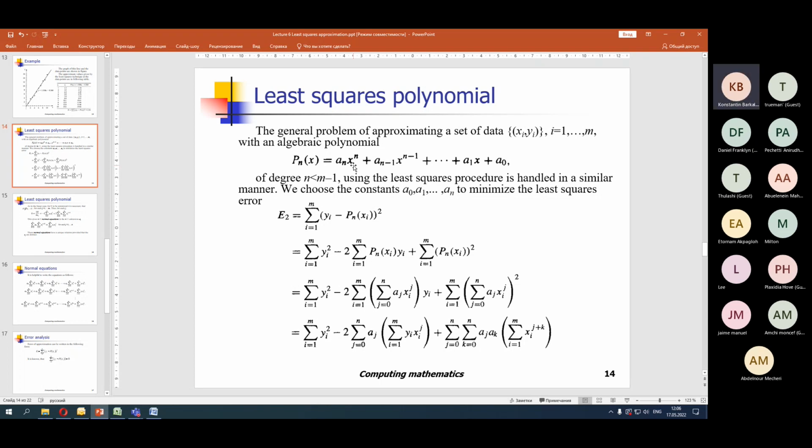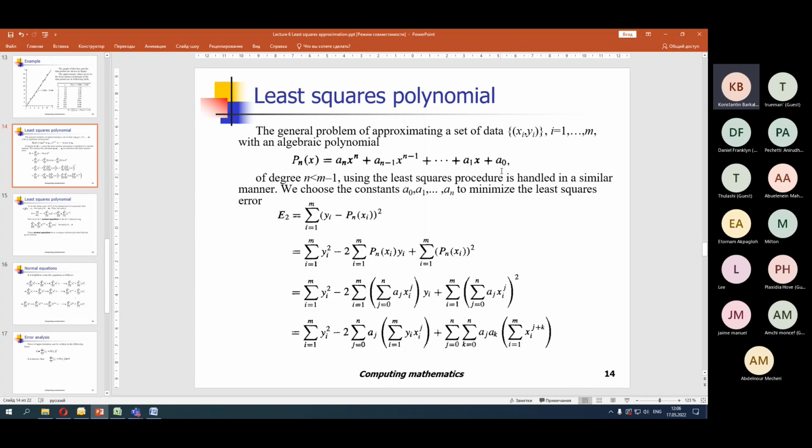Let me repeat again. The question of finding a polynomial is similar to the question of finding the n+1 coefficients of the polynomial: an, an-1, and so on, a1, a0.